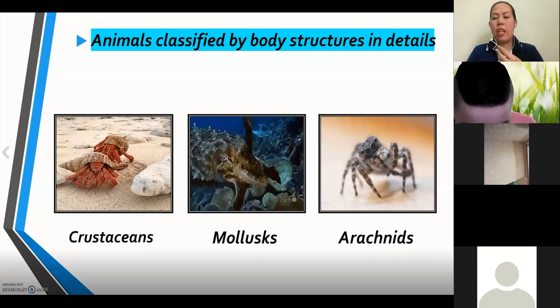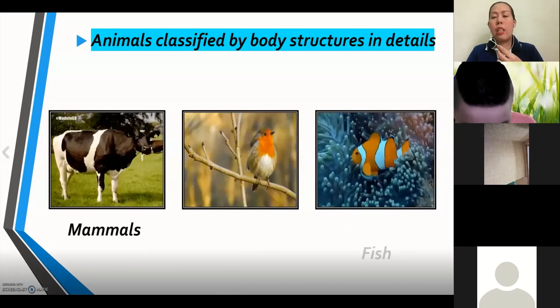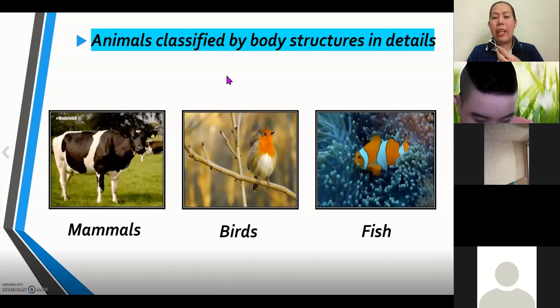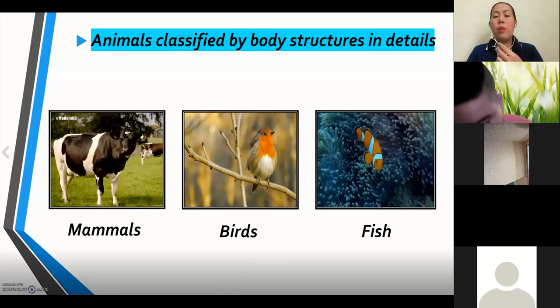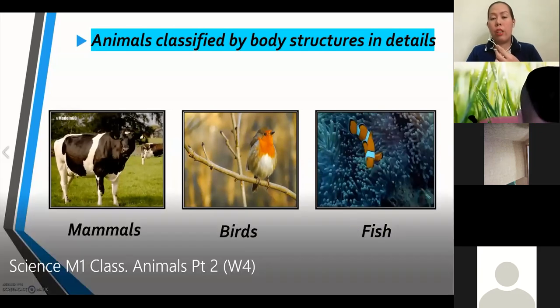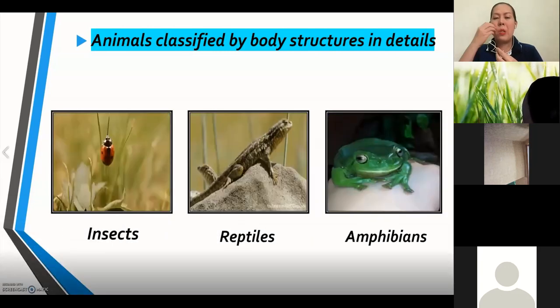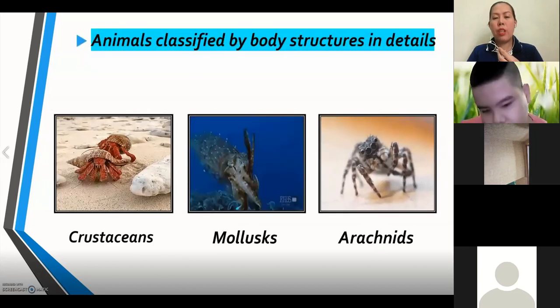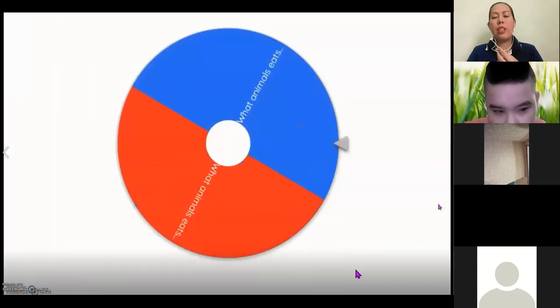We will study these one by one on our succeeding topics, okay? Just a preview of that classification. But we will focus first on the classification based on the food. Okay, so let's answer this question right now.